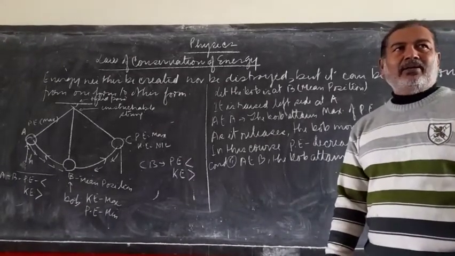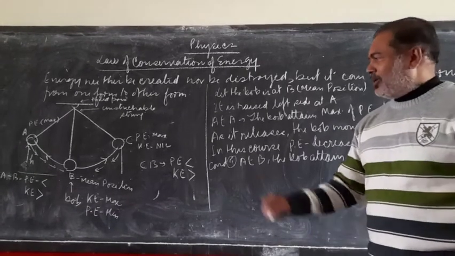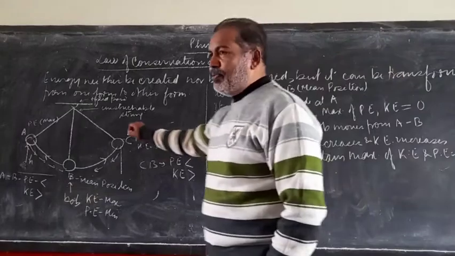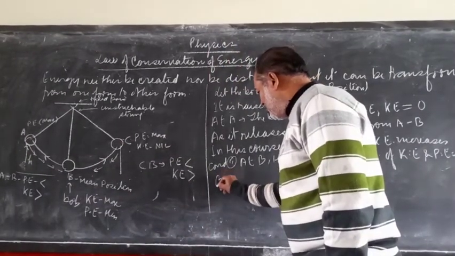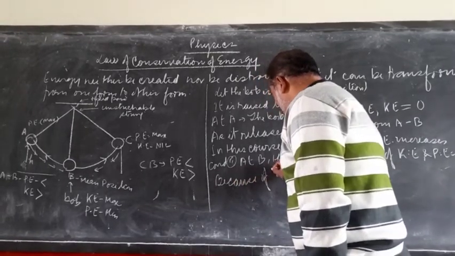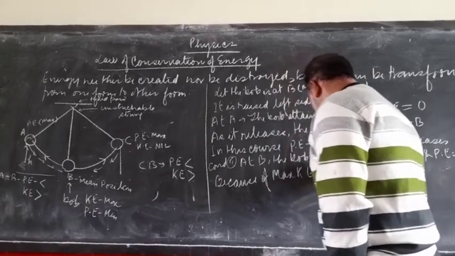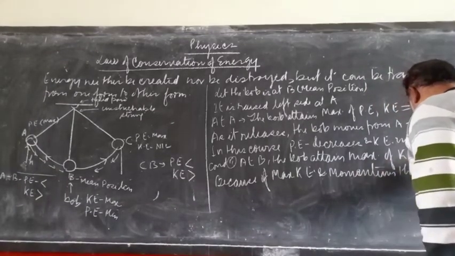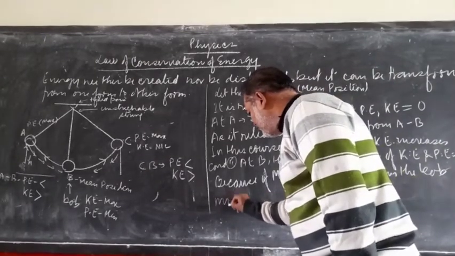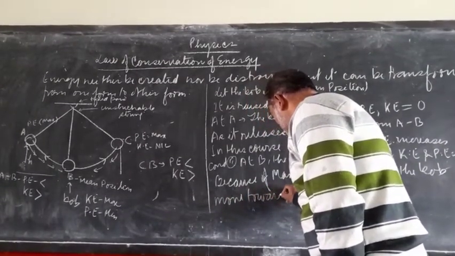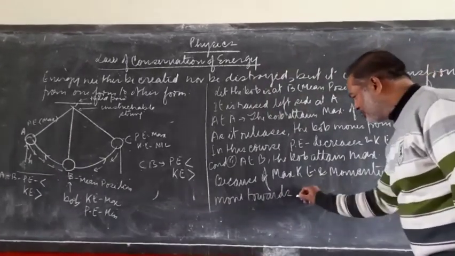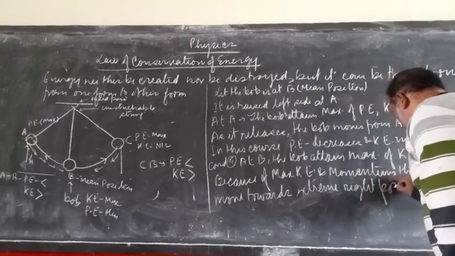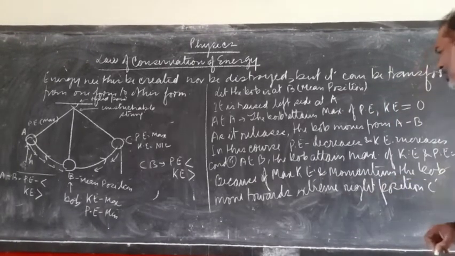Because of the kinetic energy and the momentum gained, because of maximum kinetic energy and momentum, the ball moves towards the extreme right position C. Okay, now condition 3.